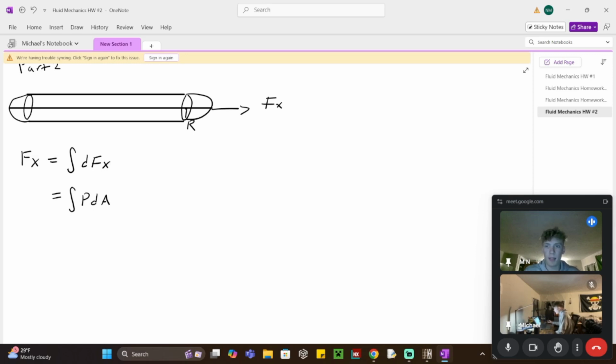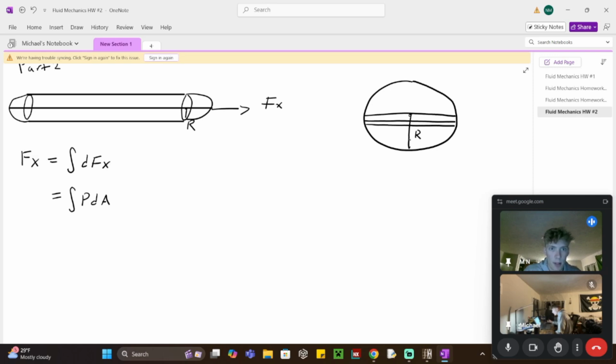And the P in this case is going to depend on depth. So I'm going to draw a different diagram. This is our end cap, half filled with water, with our radius of r. What we're basically doing is taking thin strips of our fluid and using these as our differential area. Our pressure is going to vary with depth.